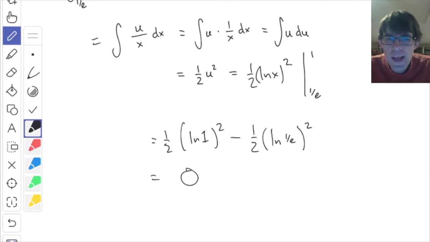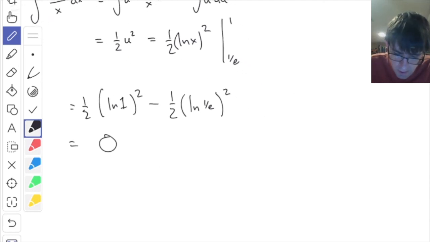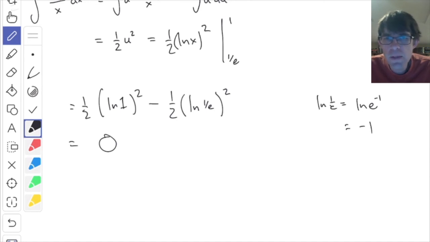What about ln of 1 over e? This is a little more complicated, but ln of 1 over e, you could rewrite as ln of e to the minus 1. Remember what ln means? It means what's the exponent that you need to get the thing on the inside. So when I see ln e to the minus 1, it means e to what power is e to the minus 1? The answer is minus 1.